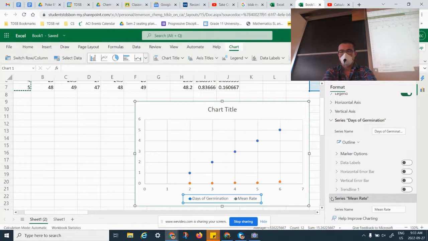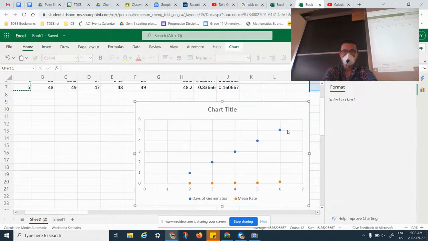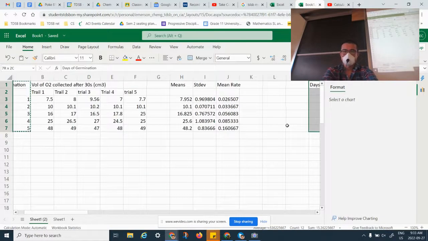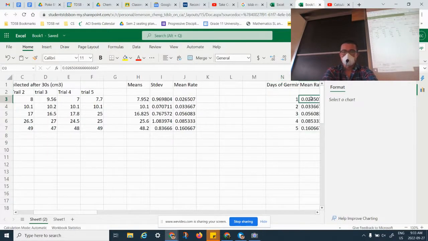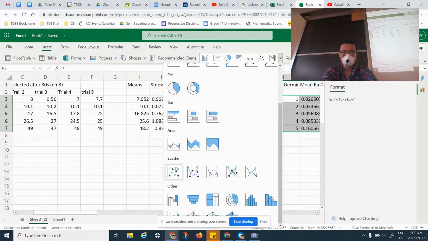The error bar. So mean rates. Oh, actually. Insert, charts, scatter.